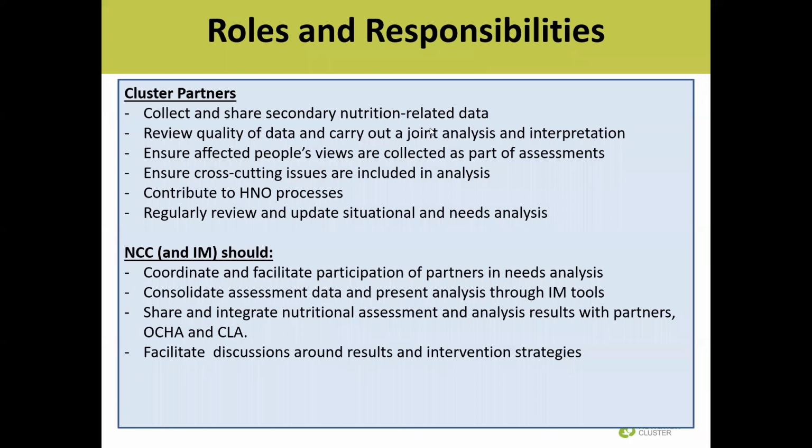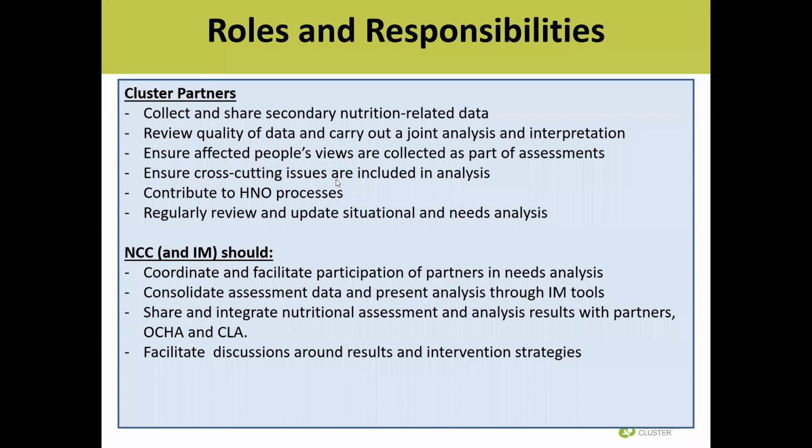I just want to remind everyone that it is very important to remind ourselves of our roles and responsibilities in the HNO process, or the HPC process in general, because as you may know, we have at least 2 major gaps in the HPC process in quite a number of countries at different times. One relates to the process.